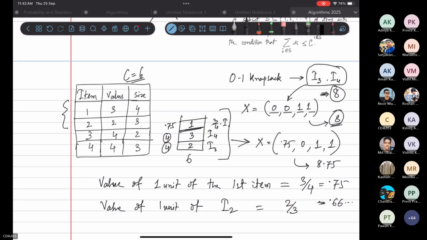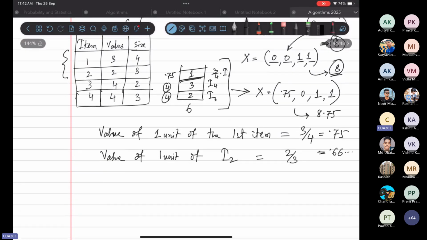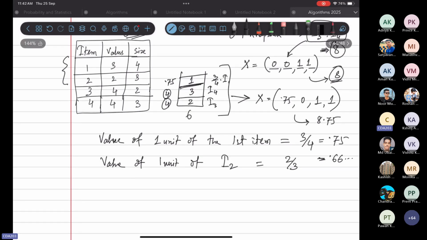Let me again tell you what I'm doing here. I have these inputs. Now I will arrange them by per unit value. What's the per unit value of this? This is 0.75. This one is 0.66. This is 2. This is 1.6.